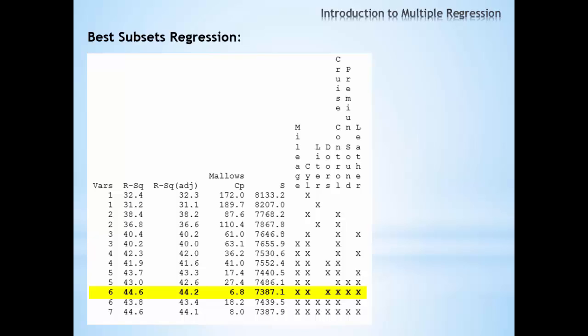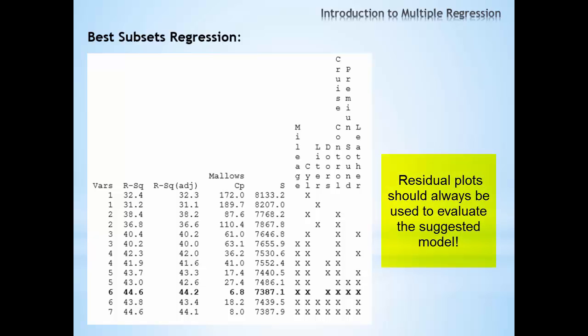However, in best subsets regression, this output also shows the statistician that maybe leader should be considered as well. This leads me to conclude that I should look at residual plots very carefully, including residual plots for models with leader, to determine what is my best overall model. Even though I now have a suggested model, I should not use that model without first looking at residual plots.